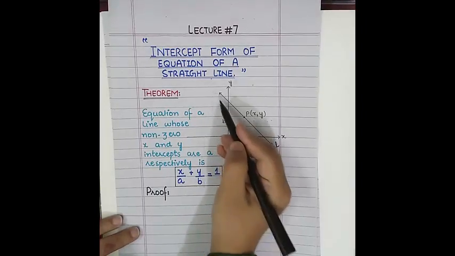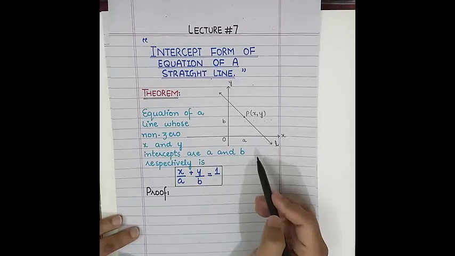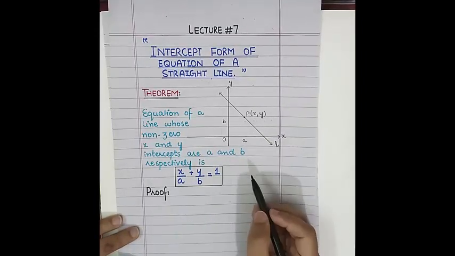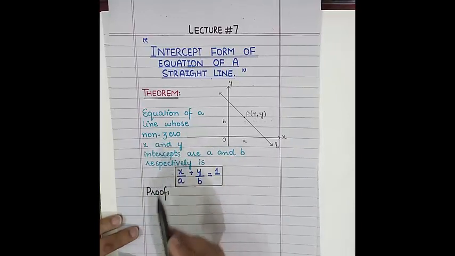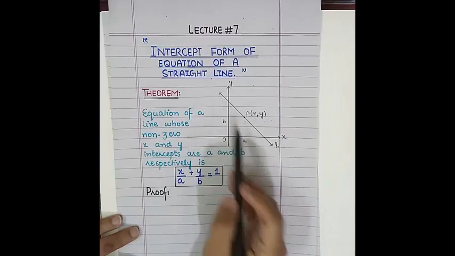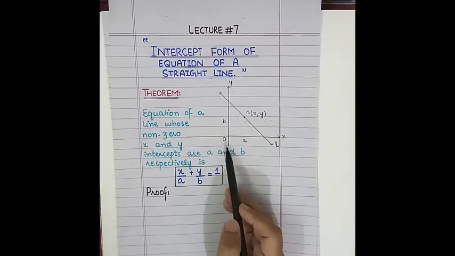It means this is a straight line L and it has two intercepts. One is the x-intercept, the other is the y-intercept, and the intercepts are non-zero. Obviously the line is not passing through the origin, so the intercepts must have some non-zero value.